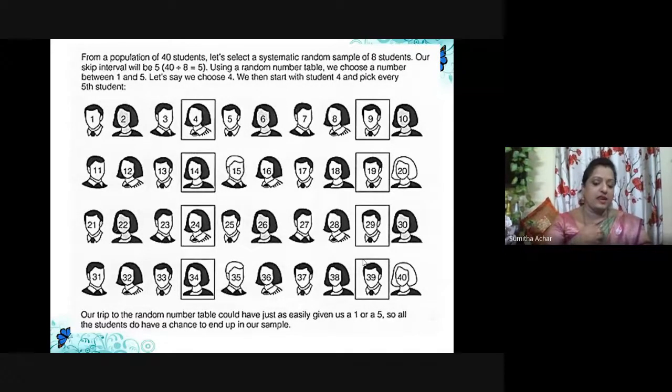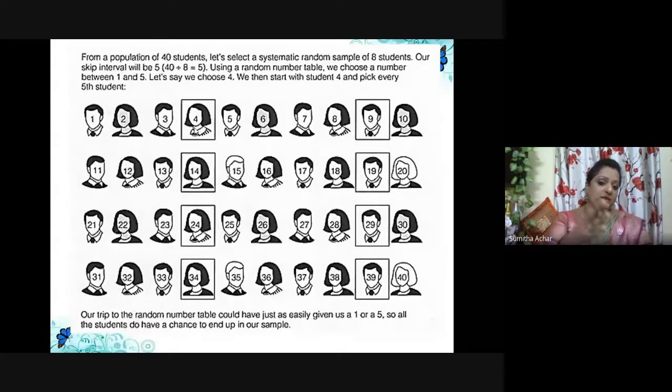I take 4. Now you can see here, I have first randomly chosen the 4th candidate, because my sampling fraction is 5. Out of 1 to 5, I have used a simple random sampling method and chosen one particular number, that is 4. Now what I'm supposed to do is, after the 4th candidate is selected, every 5th candidate from the 4th is selected in my selection.